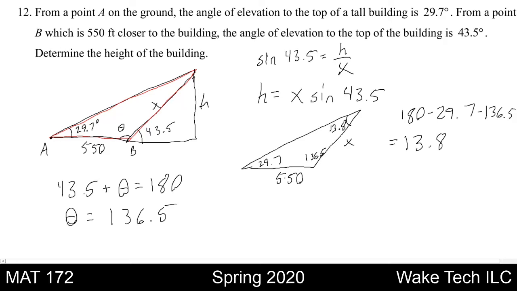Now that we have an angle opposite to the side that we want to find out, and we have the angle opposite to a known side, we can use law of sines in order to figure that out. So in other words, x over sine of 29.7 equals 550 over sine of 13.8.